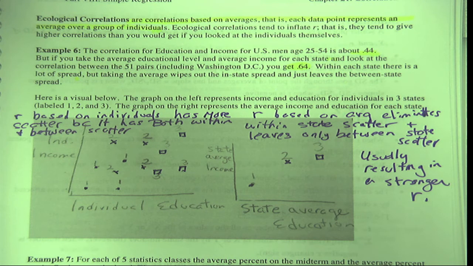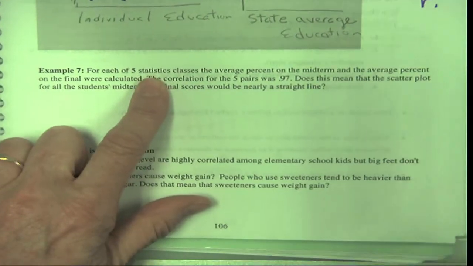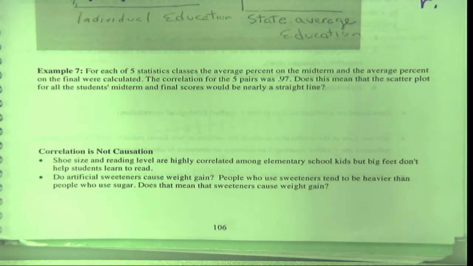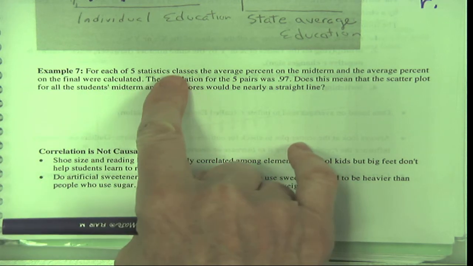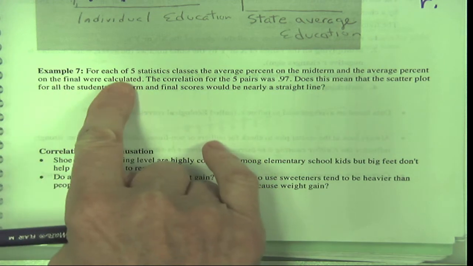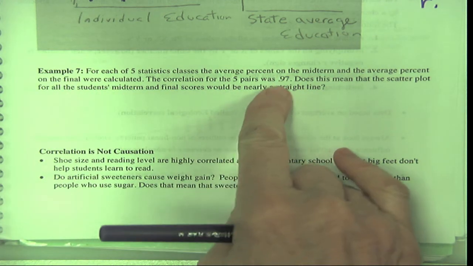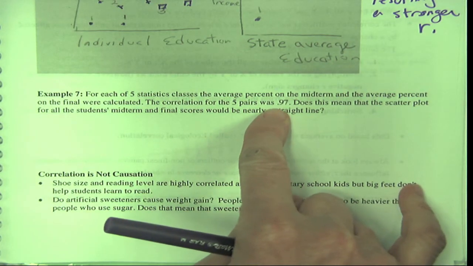And a super simplified example is, let's say for each of 5 statistics classes, this is how people could lie with statistics. They could say, within each of the 5 statistics classes, the average percent on the midterm and the average percent on the final were calculated, and the correlation was 0.97. So they could say, oh, there's a perfect correlation between your midterms and your finals.